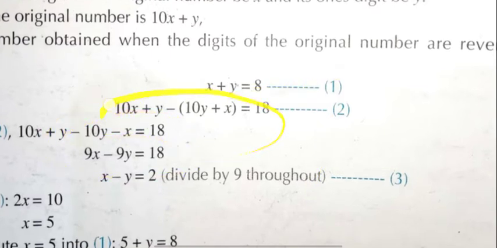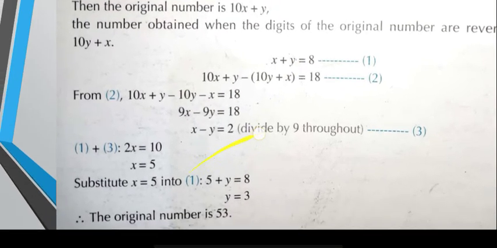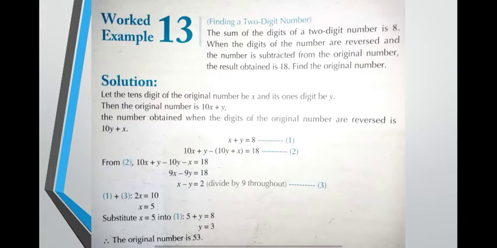So go on. We need to simplify this equation, right? It will just become x minus y equals 2. In the end, you can divide them all by 9 to make it smaller. So in the end, first equation is x plus y equals 8, and second equation is x minus y equals 2. And then there you go, you solve it.